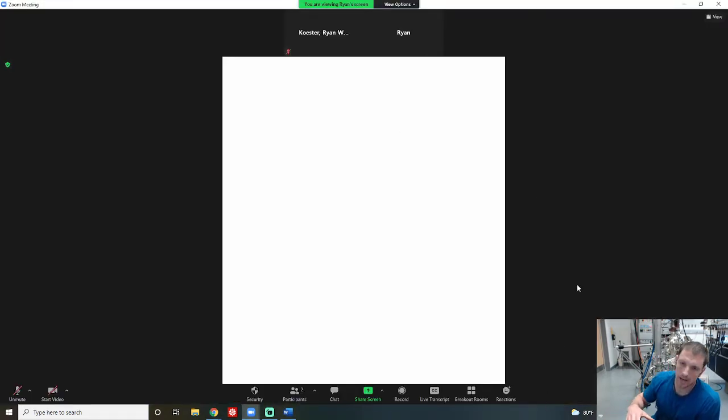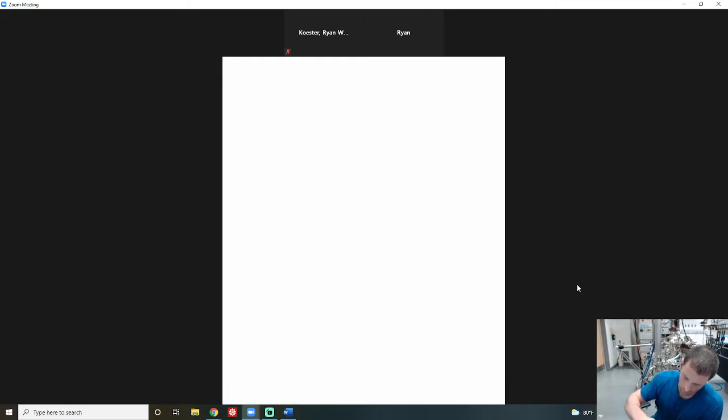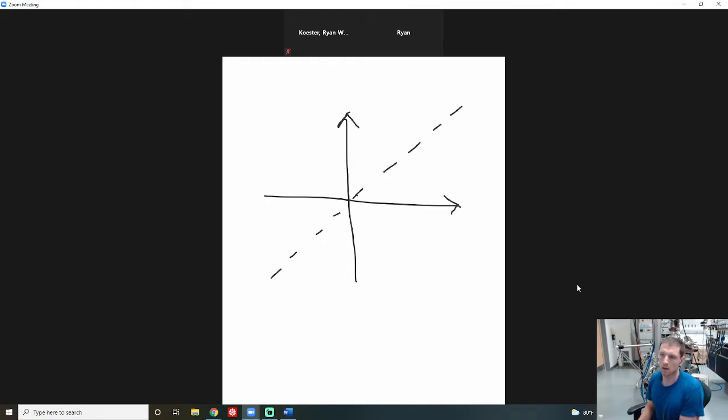And so what we have is our x and y axes, and then we want to put in the line y equals x, which just looks like this, of course. It's just a diagonal line with slope of positive 1.